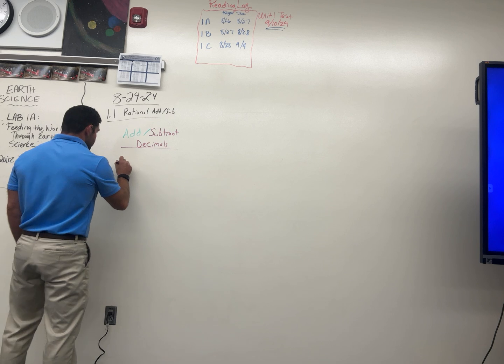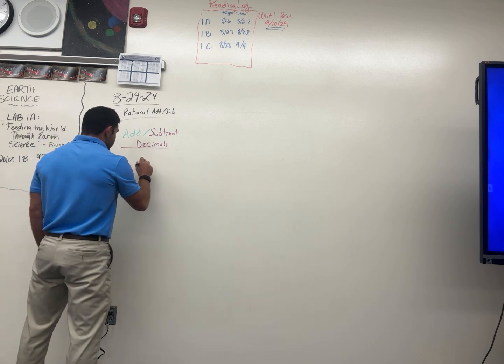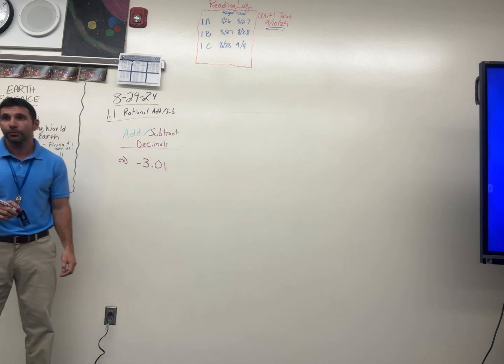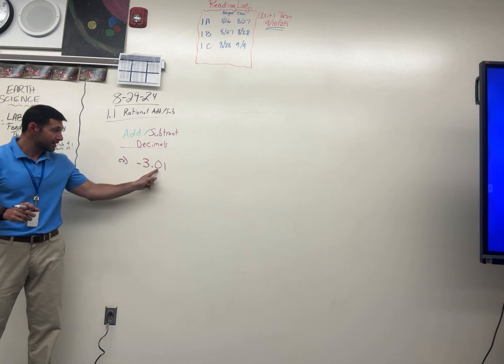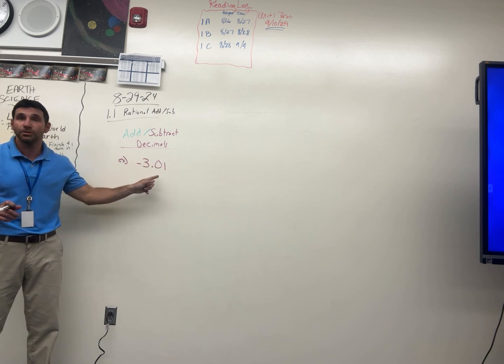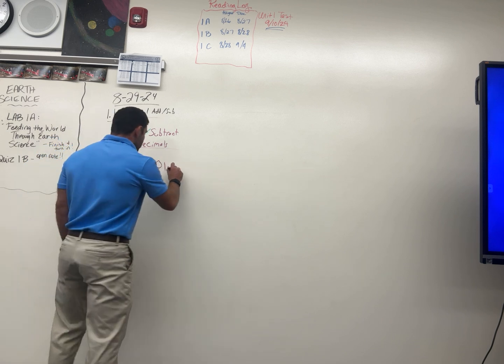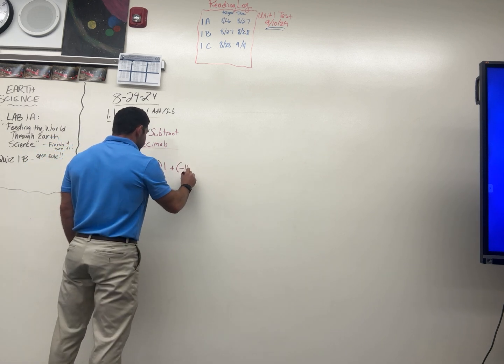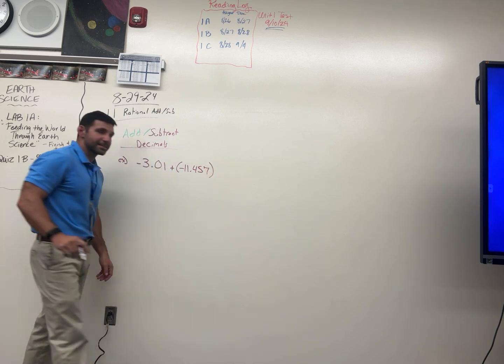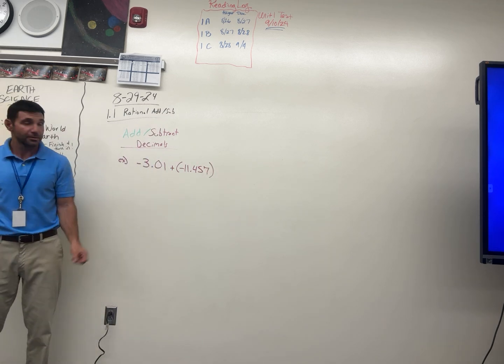So here's our example. -3 and 100th. Please don't tell me -3.01. Tenths, hundredths. -3 and 100th. Plus a -11 and 457 thousandths.